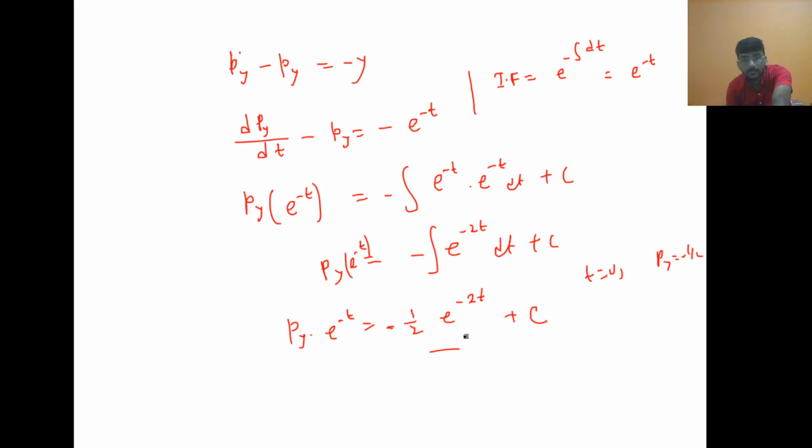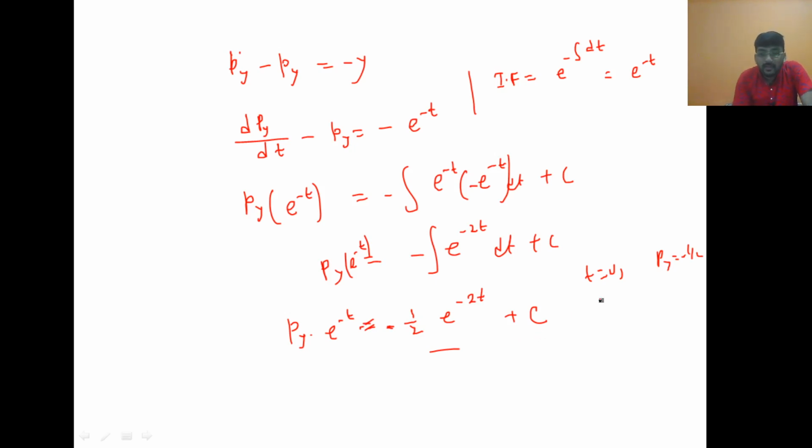So I think if py is minus half, this will be q into if, that is e to the power minus t. Okay, integration of q into if, oh this will be minus sign. Here will be minus sign, here will be minus sign. So it will be minus half into e to the power minus 2t plus c.